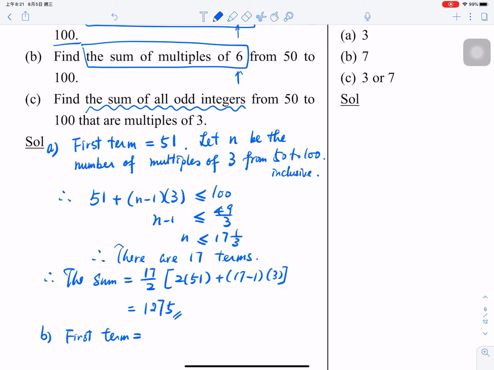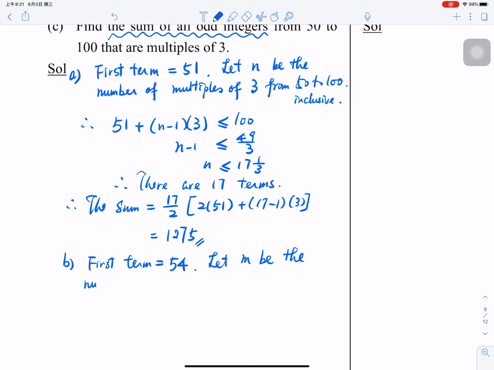This time I let m be the number of multiples of 6 from 50 to 100, inclusive.